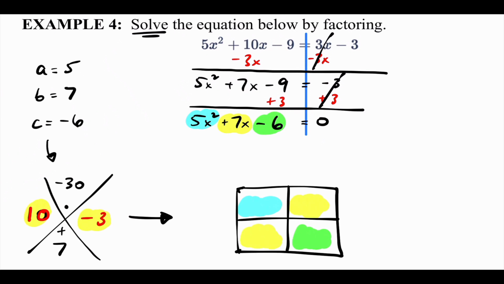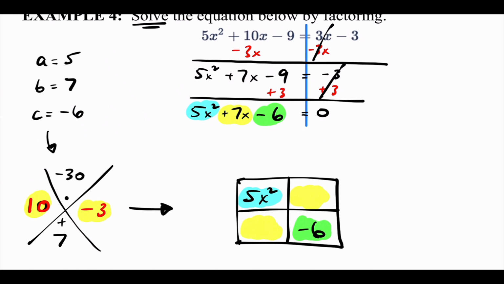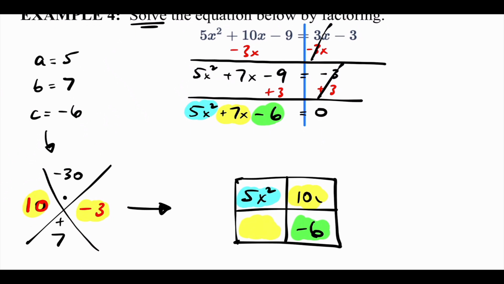Okay, so let me fill in the box. 5x squared goes first. Negative 6 goes second. And then positive 10 with an x, negative 3 with an x.